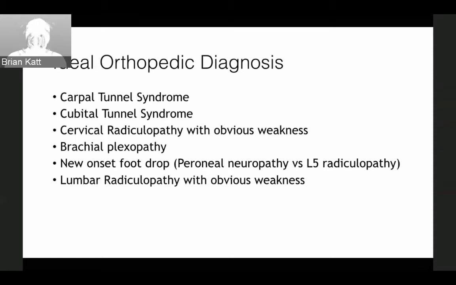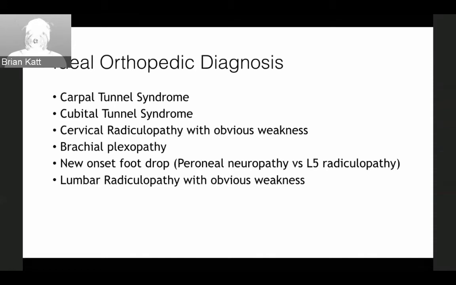So the hand surgeons are my favorite referral source for EMGs, not to kiss Brian's butt or anything like that, but they're fantastic because for carpal tunnel syndrome and cubital tunnel syndrome, this is the gold standard diagnosis. There are some people in the past who've talked about using ultrasound to evaluate the integrity of the median nerve for carpal tunnel syndrome, and frankly, it's just not there, and it's never going to be there in my opinion. So carpal tunnel syndrome, cubital tunnel syndrome, radiculopathy with weakness, okay?